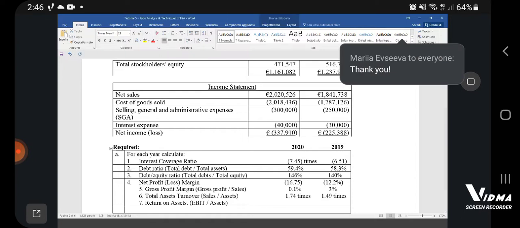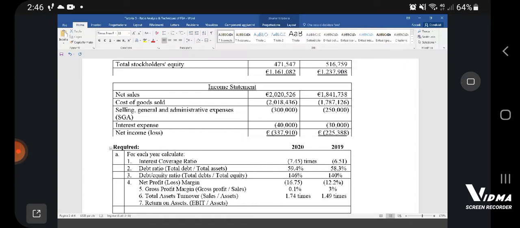Okay, after we make the calculations for the ROA, we find that it is minus 26% for 2020, and for 1 year ago, it was minus 16%. What can we say about ROA?